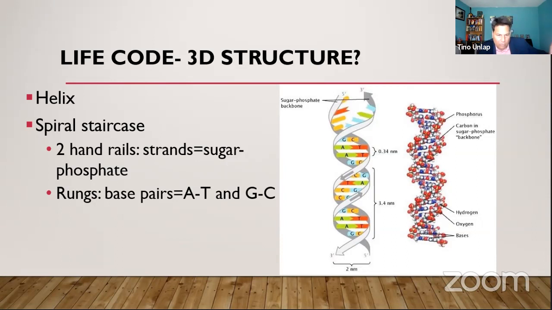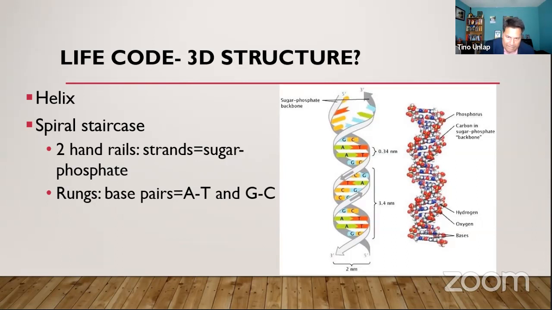One letter is attached to one of the handrails, and A is always interacting with T on the opposite strand, and G is always interacting with C on the other handrail. So this is an alpha helix, and it is very similar to a spiral staircase with two handrails. And there are letters on one handrail that are complementary to the letters on the other handrail.